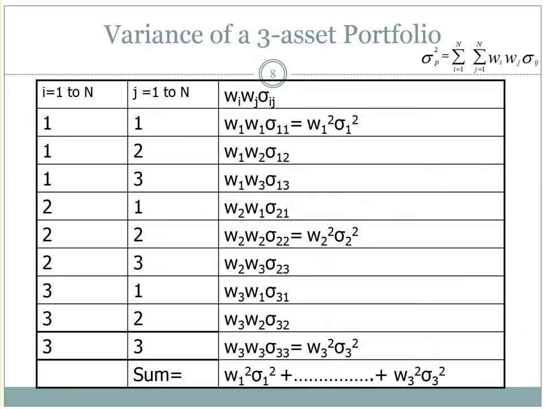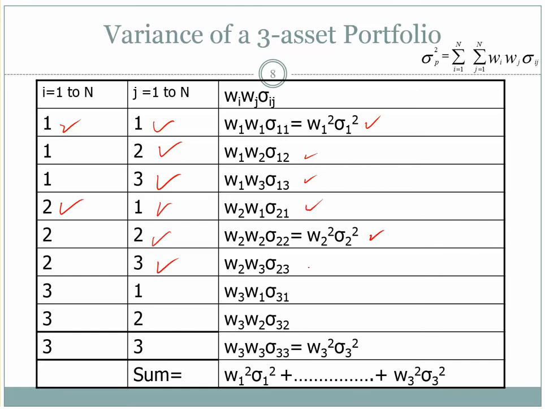Now, if there's 3 assets, again, we're looking at pairwise combinations. So when you have 3 assets, you have 9 pairwise combinations. 1 with 1, 2 and 3, 2 with 1, 2 and 3, and 3 with 1, 2 and 3. So I'd set i equal to 1, j equal to 1, W1 squared, sigma 1 squared, and then j equal to 2 and 3. And you get 2 more covariance terms. And then you set i equal to 2 and j equal to 1, 2, and 3.